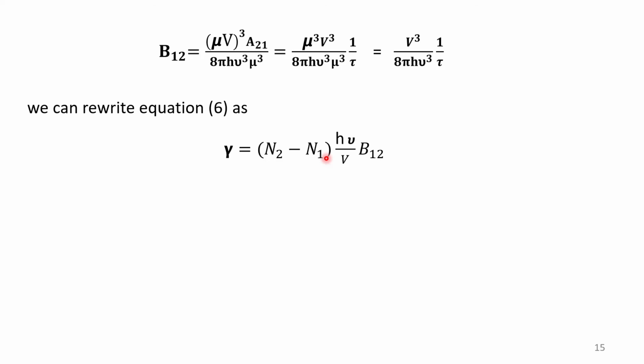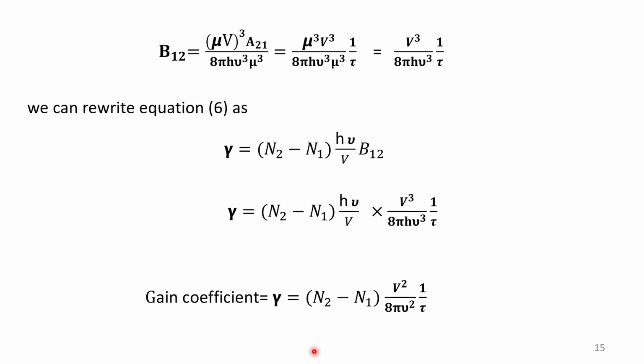Therefore, equation number 6, by substituting the value of B12, gamma equal to (n2 minus n1) into h nu divided by v into v cube divided by 8 pi h mu cube into 1 upon tau. Therefore, the gain coefficient we can write finally as gamma equal to (n2 minus n1) into v square divided by 8 pi mu square into 1 upon tau.